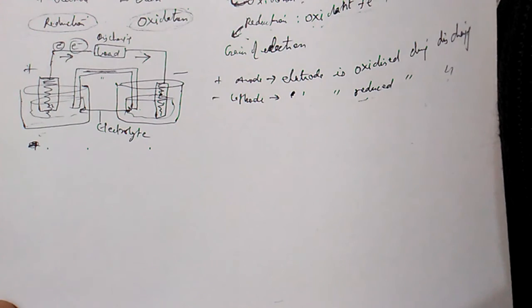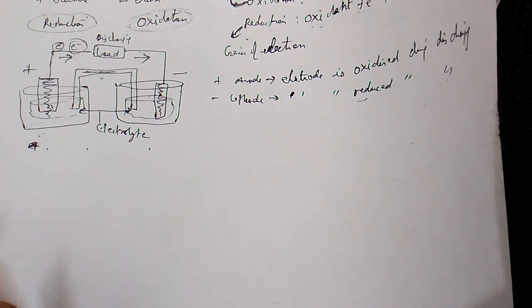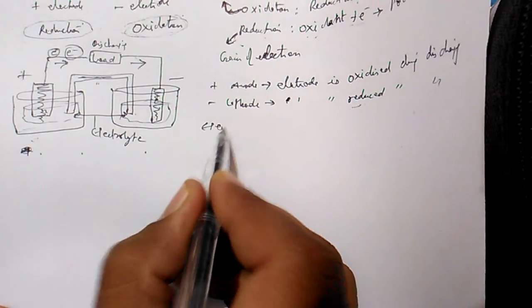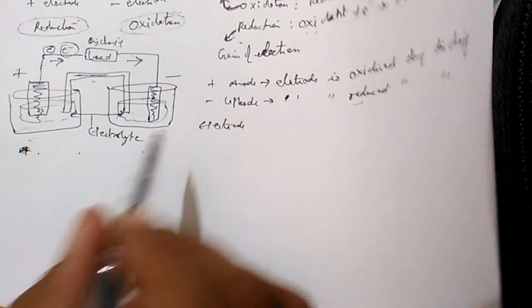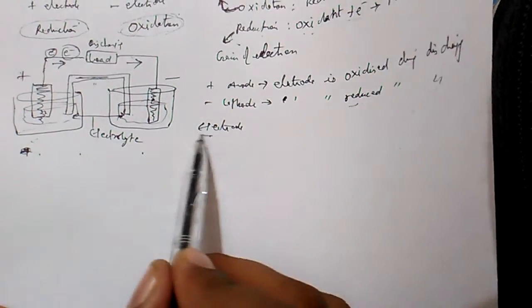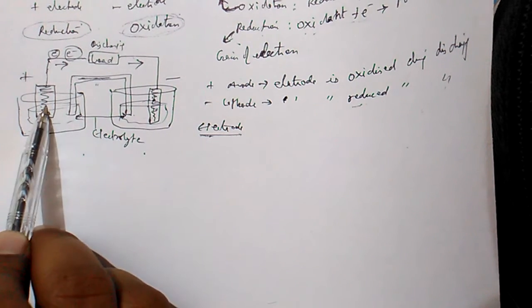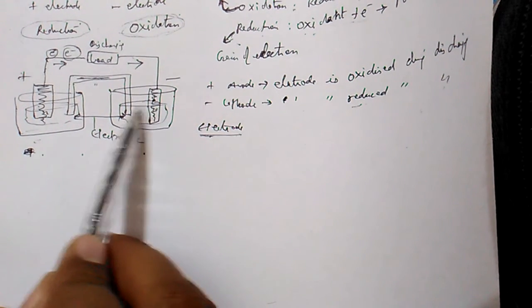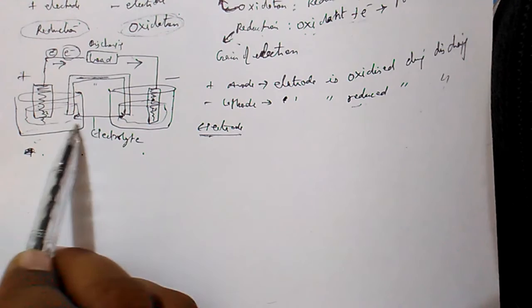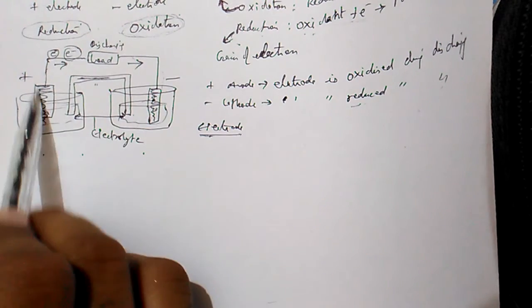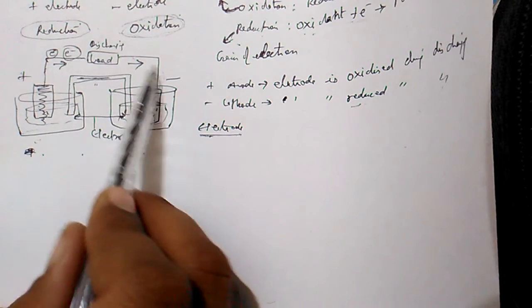So next, the electrode. What is an electrode? This one and this one: this is the anode, and this is the cathode. Then there is conductivity of ions between the electrodes.